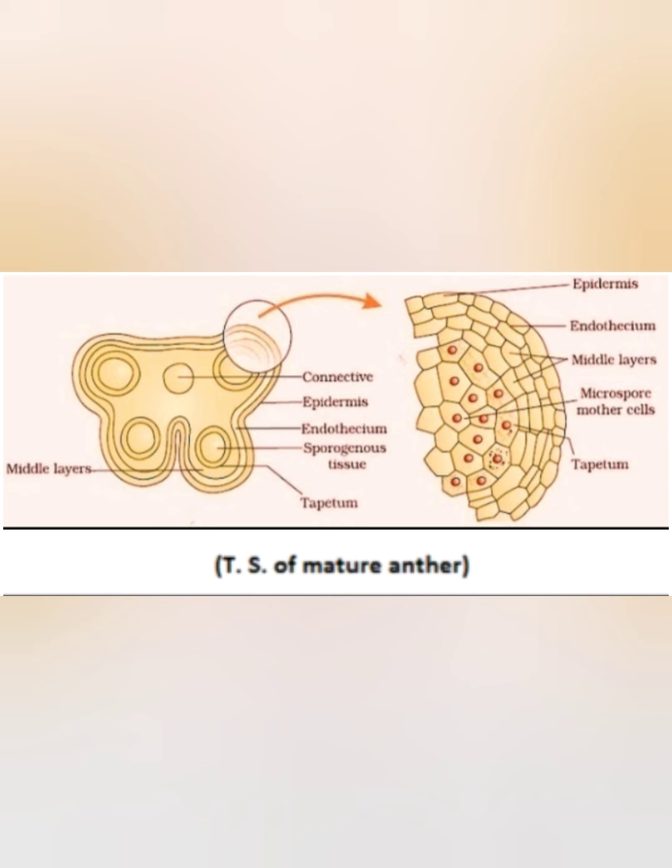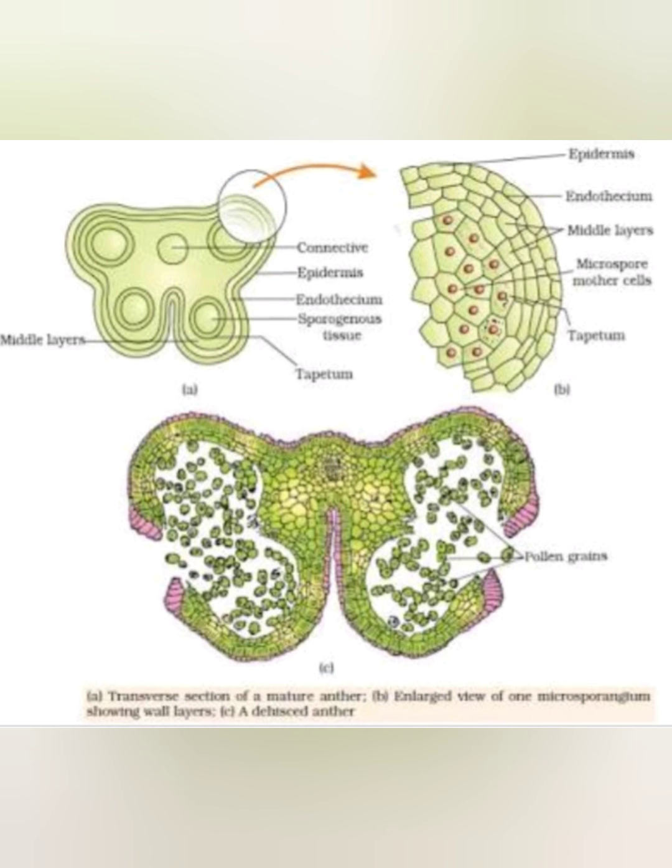The microsporangia develop inside the pollen sacs. Pollen sacs are the bag-like structures inside which the microsporangia develop. Pollen sacs extend longitudinally, that means all through the length of an anther, and are packed with pollen grains. That is, inside the pollen sacs, pollen grains are present.